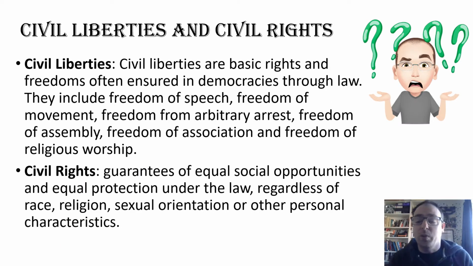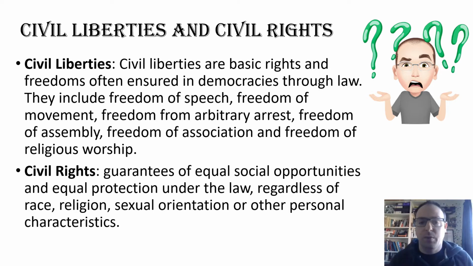So to start off with, we need to look at the two key definitions of civil liberties and civil rights. Civil liberties are basic rights and freedoms often ensured by democracies through law. These are the real fundamental freedoms that you would hope and expect to have, and obviously some absolute key ones that are underlined in the US.